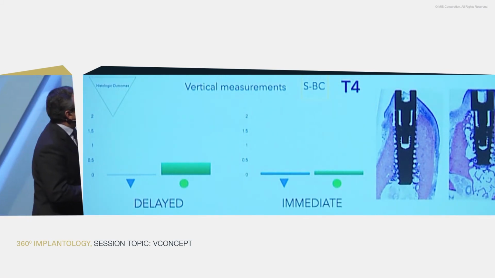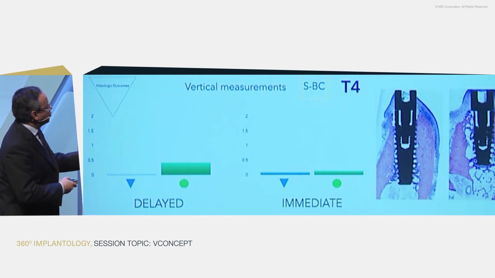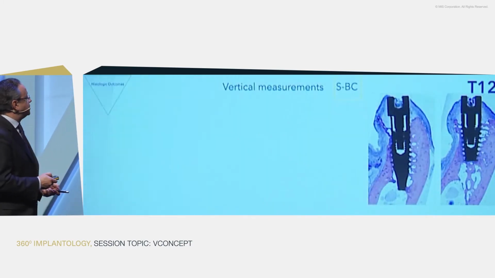Here you can see 2 samples. This is the V3, this is the buccal side. You can identify the coronal difference in the design. This is the control, and this is the experimental. You see, this is the peak of the bone in relationship to this abutment that, as you can see, goes over the diameter of the implant.